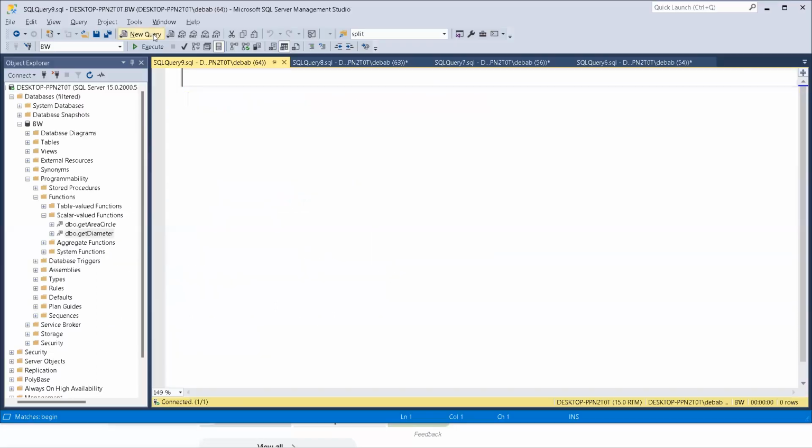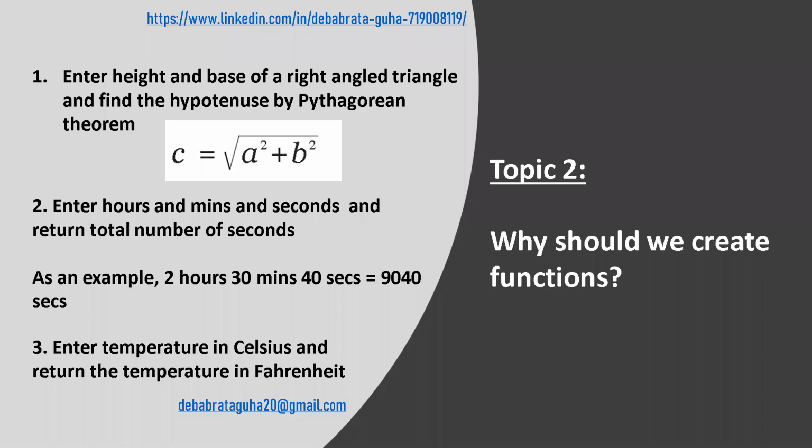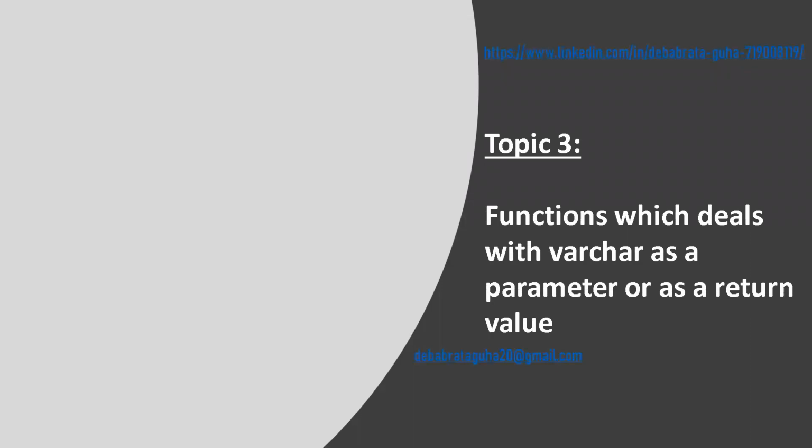Okay, so let me go to the slides. So these are the topic 2, means some more complicated program. I will not say it is that much complicated, but still at least more complicated than finding area and perimeter. So now I will deal with some function which takes varchar as input and returns a value.